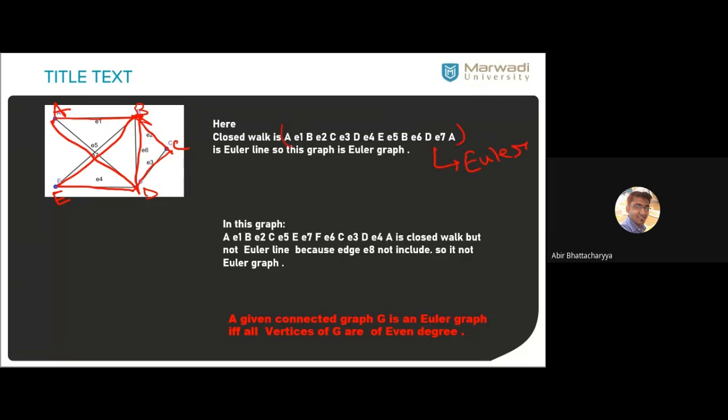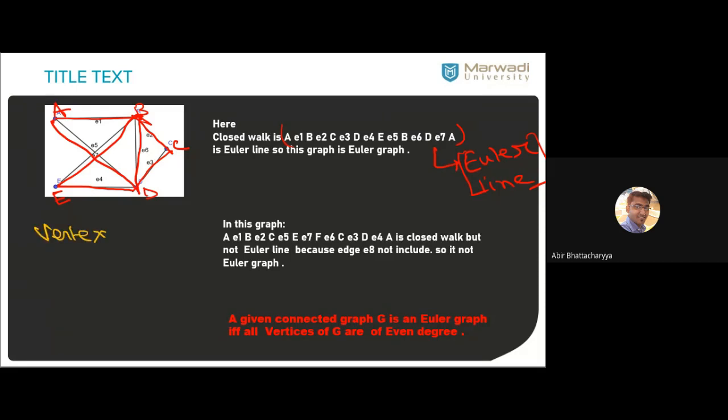You may ask me, sir, is repetition of vertex possible? Yes, repetition of vertex is possible. That means you have to cover all those vertices. Starting point and ending point must be the same because it's a closed walk. You have to cover all these vertices without repeating any edge.